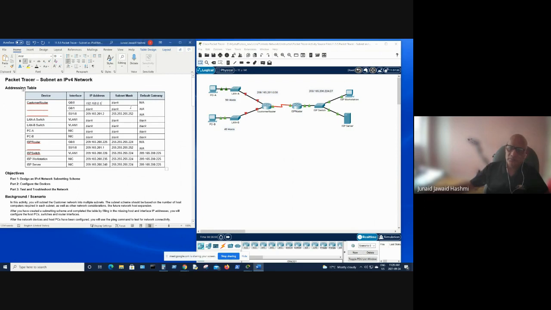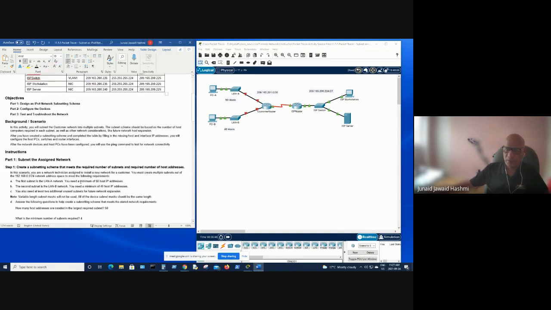And the subnet mask is 255.255.255.192, and the subnet mask would be the same in all these networks. G0/1 could be 192.168.0.2, no, sorry, because it's a different network. G0 is a different network.